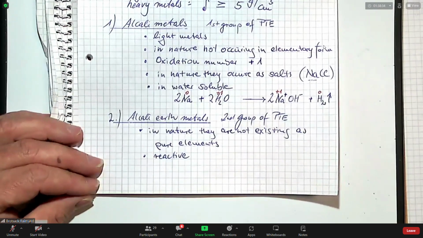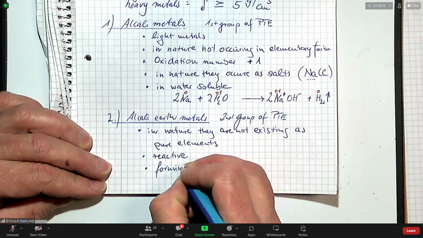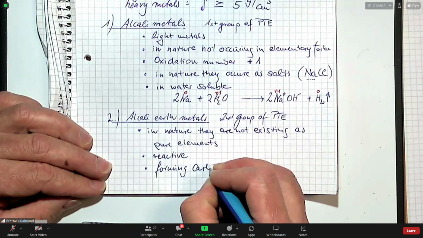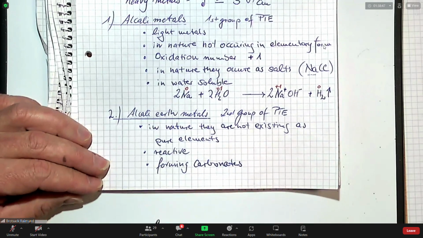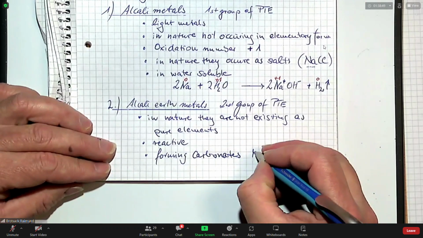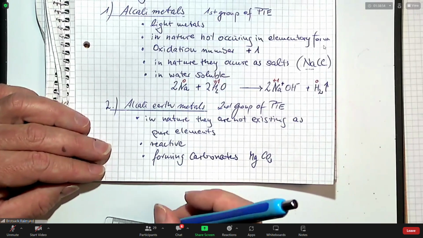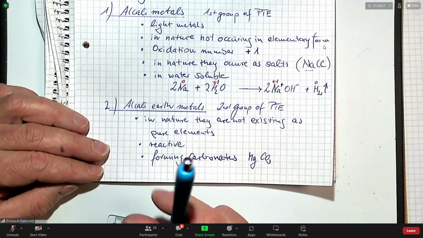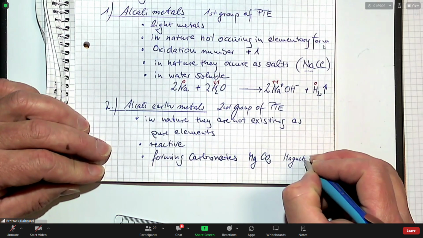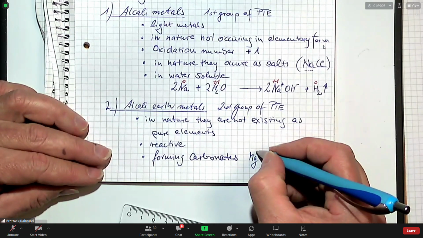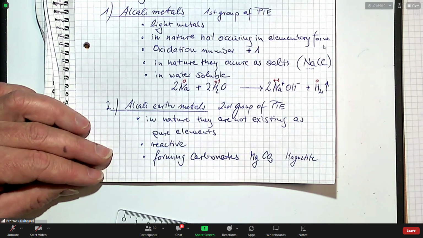And they form carbonates in nature. For example, magnesium carbonate. That's called magnesite. We have here the carbon in the magnesium carbonate.